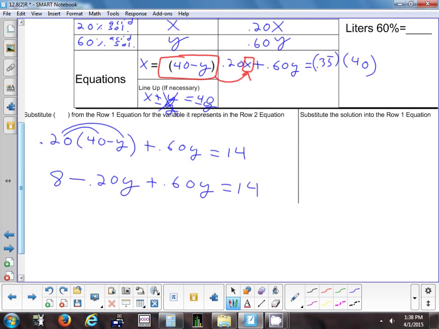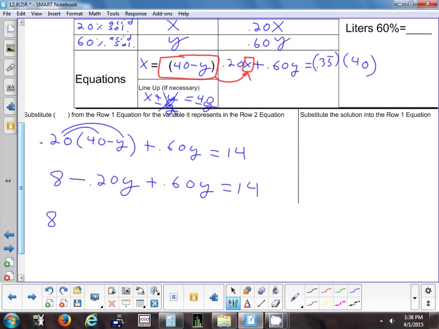Okay. Now look at that carefully. We've talked about this. We've used a 3-letter abbreviation a lot for it. What do I do next? Combine like terms. Very good. What are my like terms, Savon? Negative 0.20y and 0.60y.